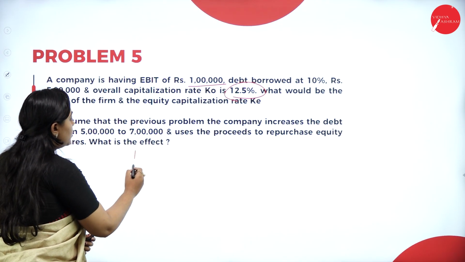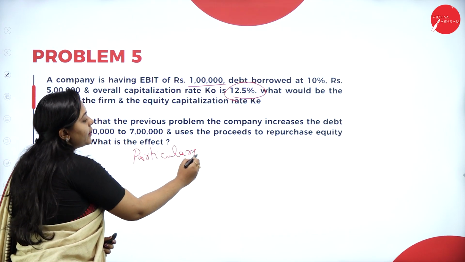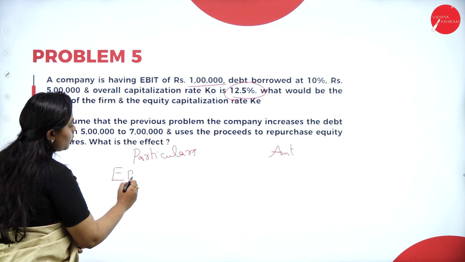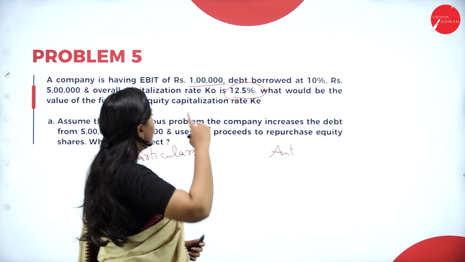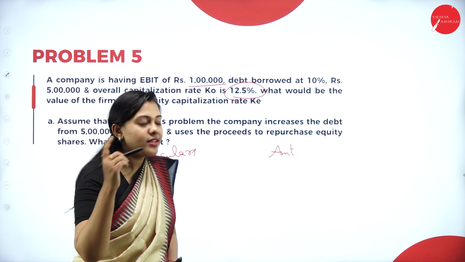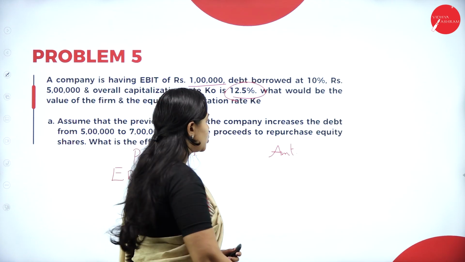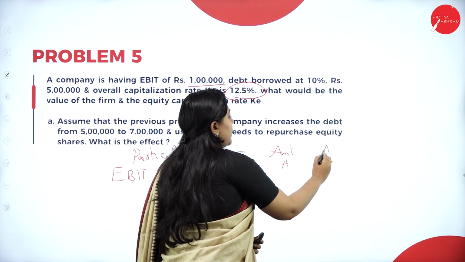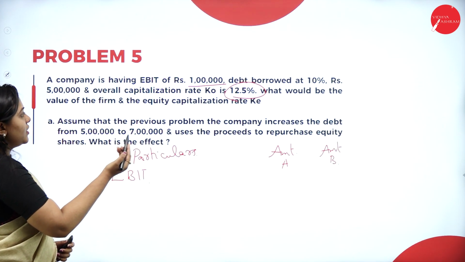As I have told you, let's use the format for our clear understanding. Particulars, amount. What is EBIT given in the question? EBIT. So we have case 1, under that the debt will be 5 lakh. We have case 2, under that the debt is increased to 7 lakhs. So we have case 1 and case 2 to be solved, that is case A and case B. So EBIT is 1 lakh.